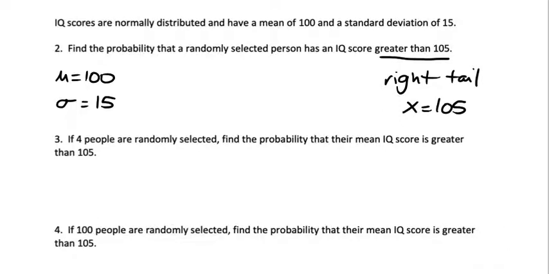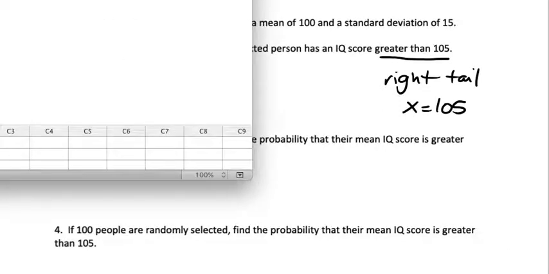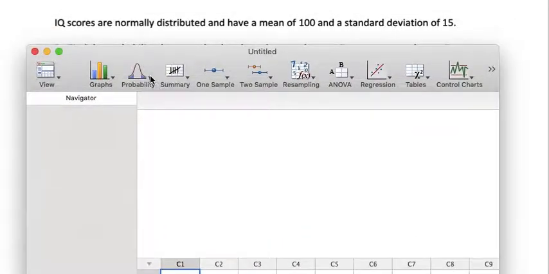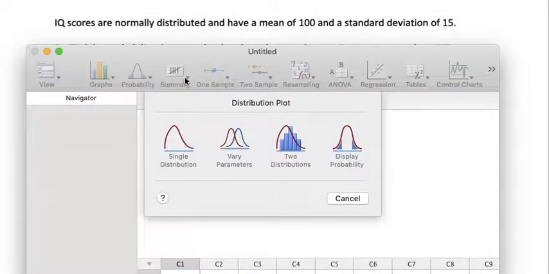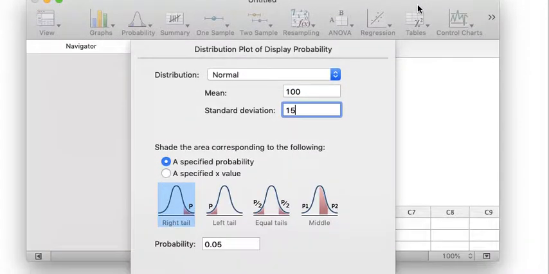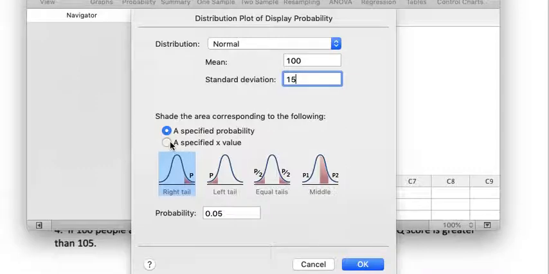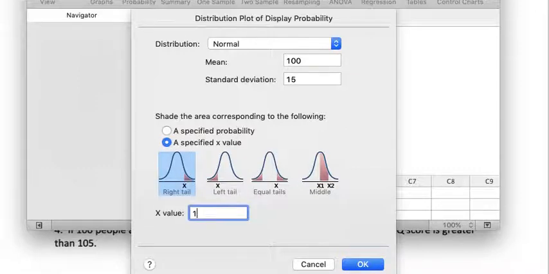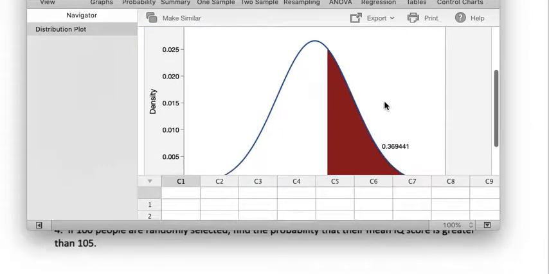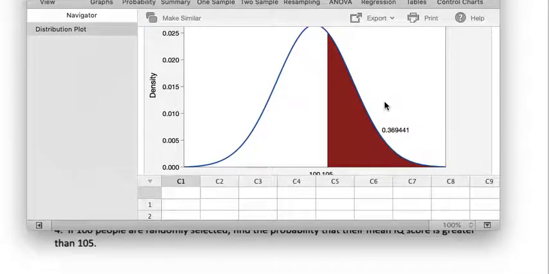So I'm going to pull up Minitab, and use the probability distribution plot like we've been doing, display probability, select normal, enter my mean and standard deviation, choose right tail, specified x value of 105. Click OK, and it looks like my probability is 0.3694.